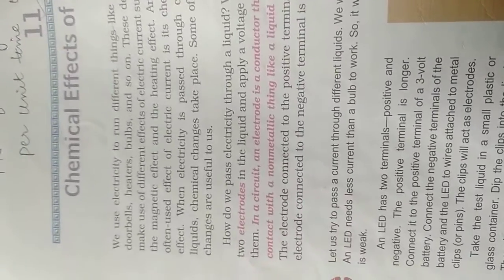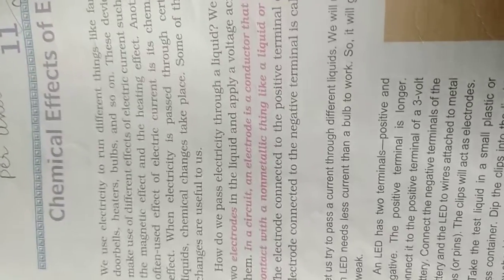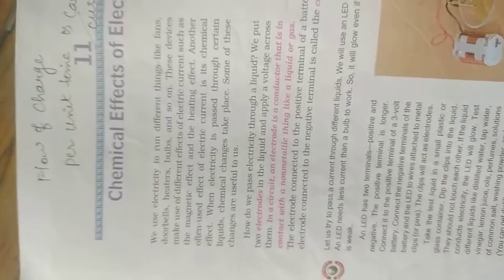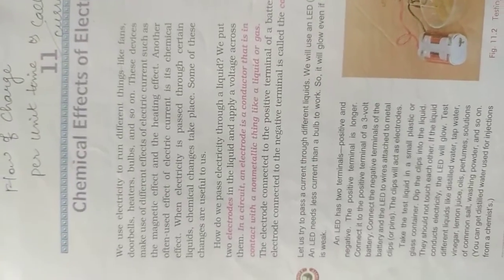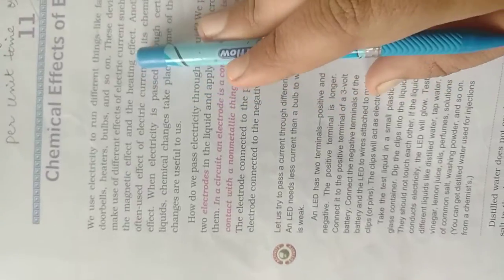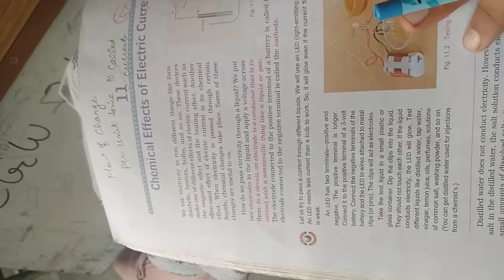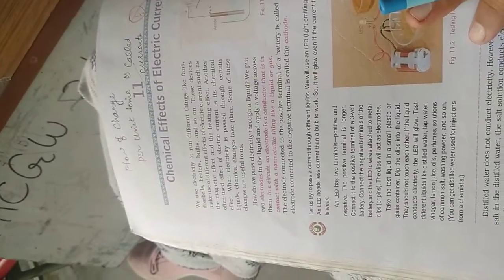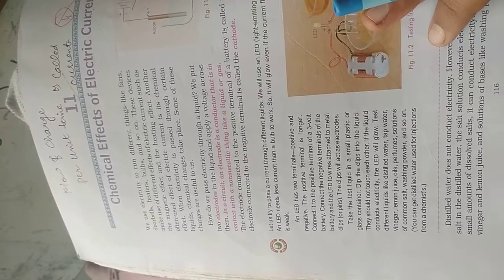So we use electricity to run different things like fans, doorbells, heaters, bulbs and so on. These devices make use of different effects of electric current such as the magnetic effect and the heating effect. Can we imagine our life without electricity?